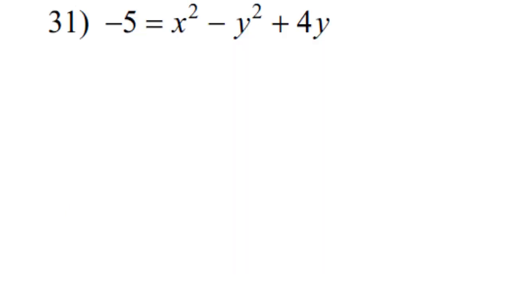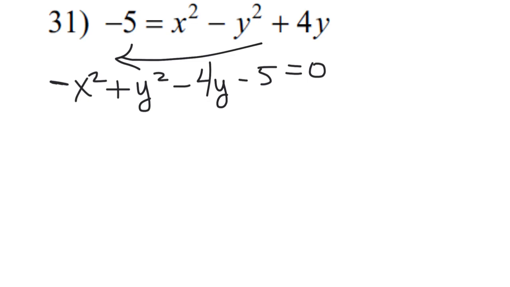All right, for these we are classifying the conic section first and then writing its equation in standard form. So the first thing we want to do is get this equation set properly. I'm going to move everything over to the left side of the equal sign. All right, so I moved everything over.